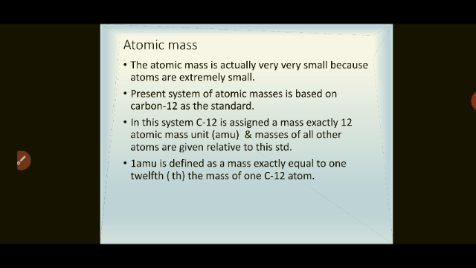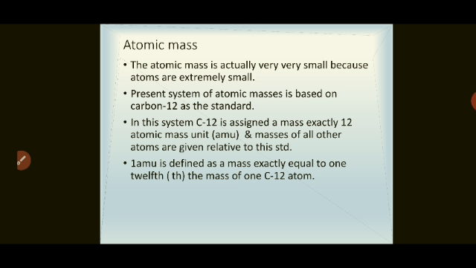I think you might have studied that carbon has three different isotopes, that is C12, C13 and C14. Out of that, one isotope, that is C12, is taken as a standard, and its mass is assigned exactly as 12 atomic mass unit, or in short 12 AMU.